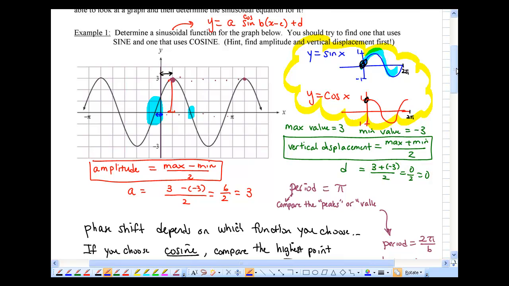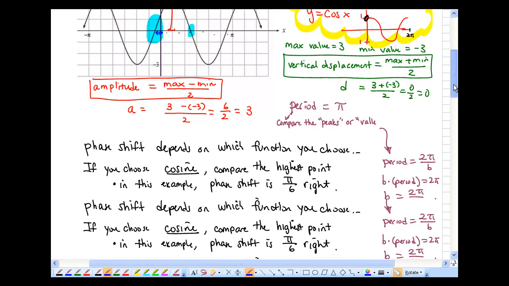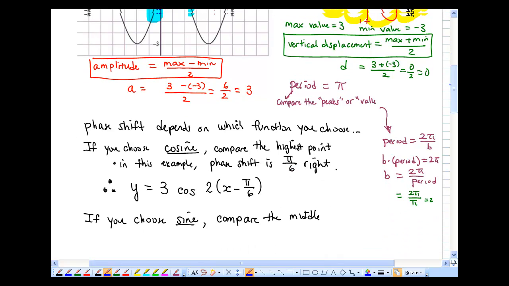Half a unit over is probably pi over 12, because half of pi over 6 is pi over 12. So in this example, the phase shift is half of pi over 6, which equals pi over 12.